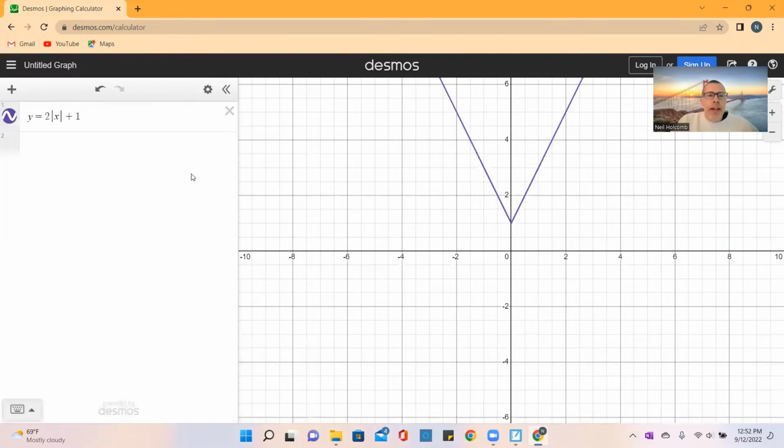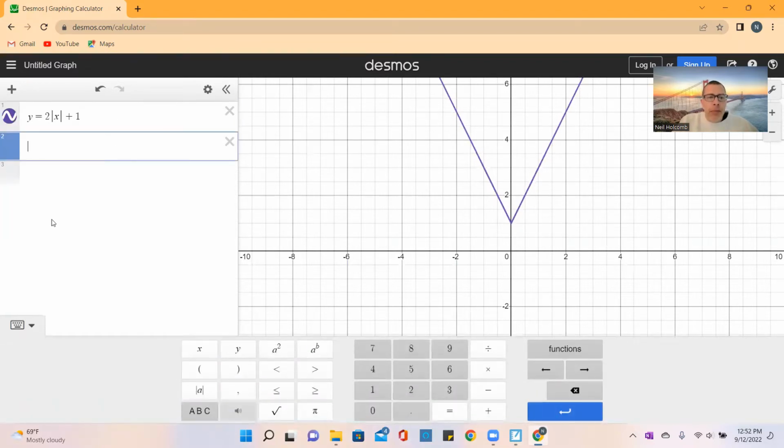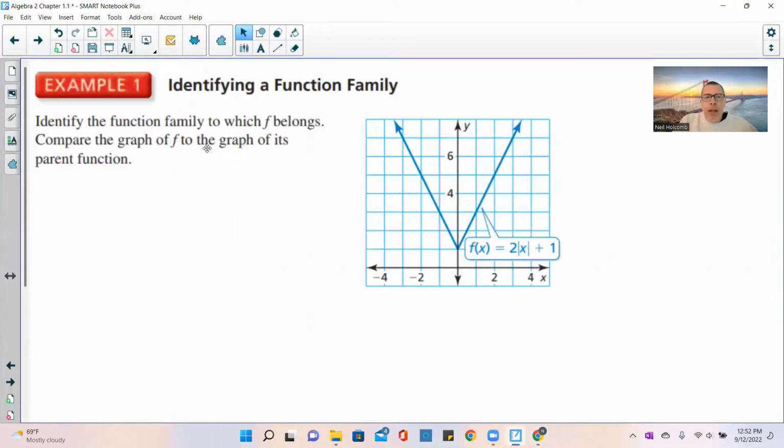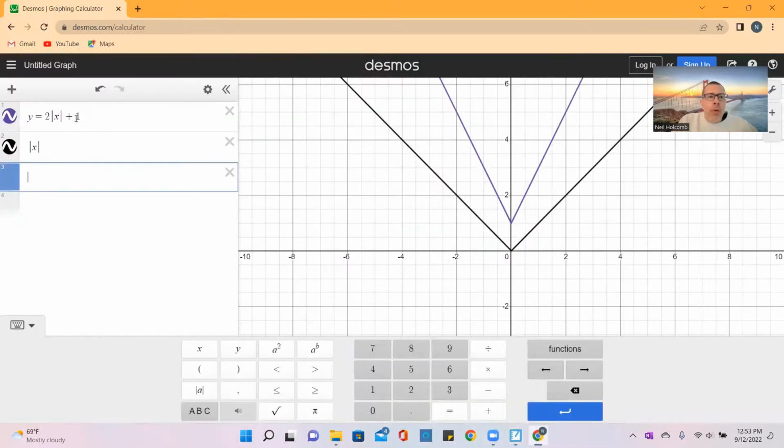If I put the parent function in here, that would simply be the absolute value of x. So the parent function is this black function, and the purple one is the one we were given. As you can see, they're both V-shaped, so they are absolute value functions. It says identify the function family: it is absolute value. Let's discuss the transformations. The plus 1 outside is a shift up, so the y-intercept, instead of being 0, is 1.